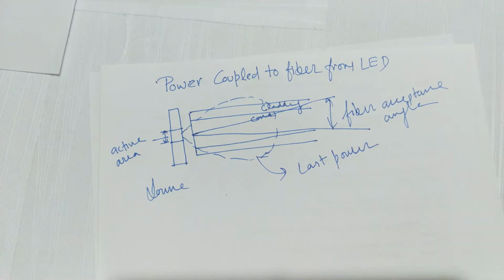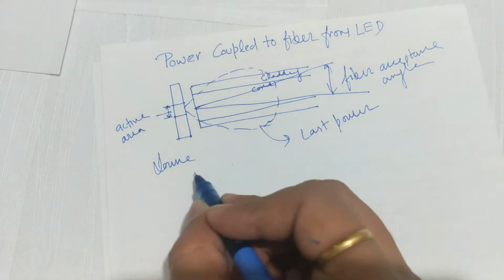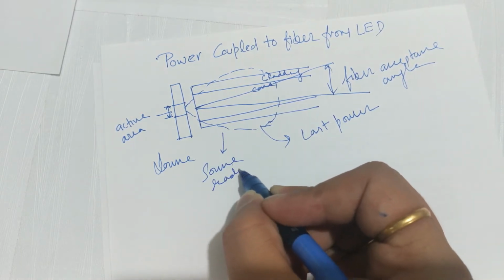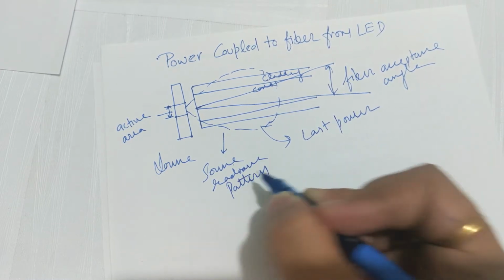The light outside this angle is lost power. And this pattern is the source radiance pattern.